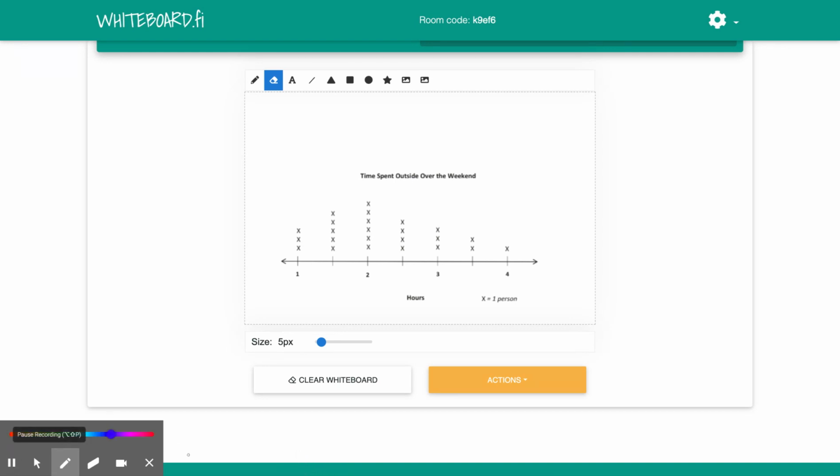So if you notice on my line plot, I have 1, 2, 3, 4, and I have some tick marks that aren't labeled. What should I label this tick mark right here? So you might have said that this tick mark is halfway between 1 and 2. And if you said 1.5, you are correct.